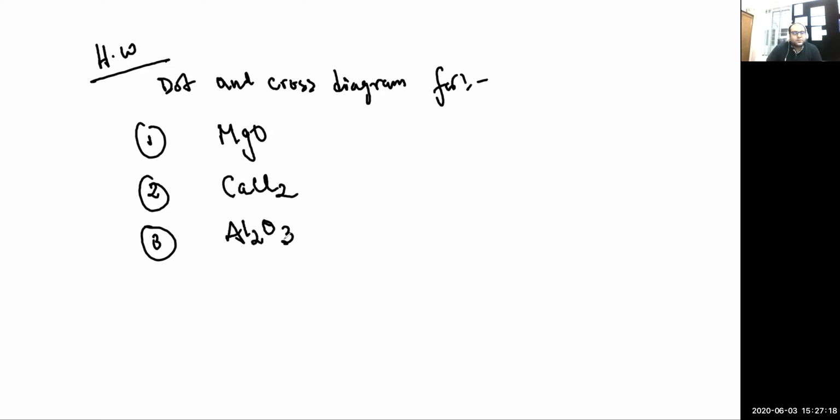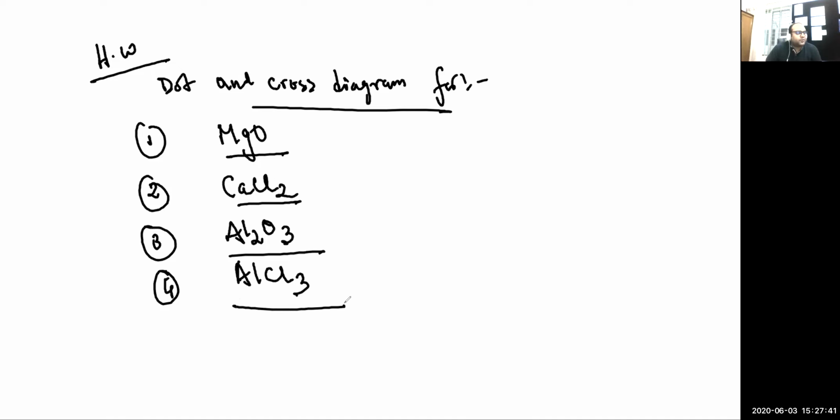Al2O3 and AlCl3. Sir, could you repeat it again? Which I have written on the board. Dot and cross diagram for MgO, calcium chloride, aluminium oxide, aluminium chloride.